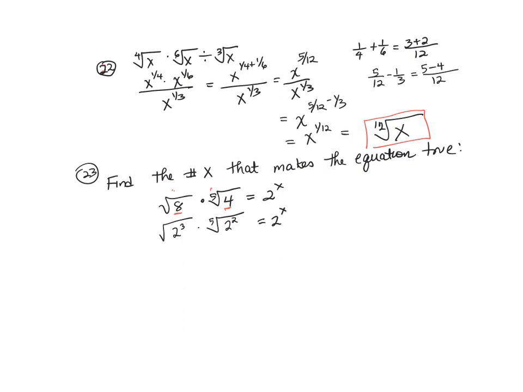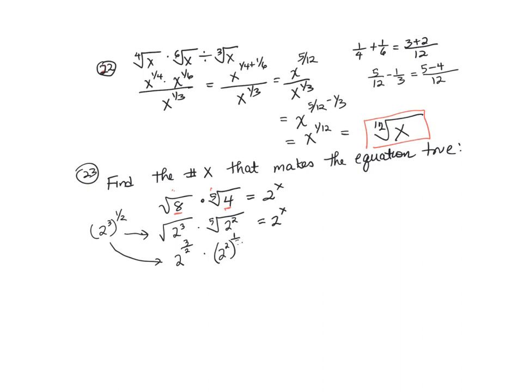Now we'll write this into exponential form. This is 2 cubed to the 1 half, which gives you 2 to the 3 halves, times 2 squared to the 1/5.